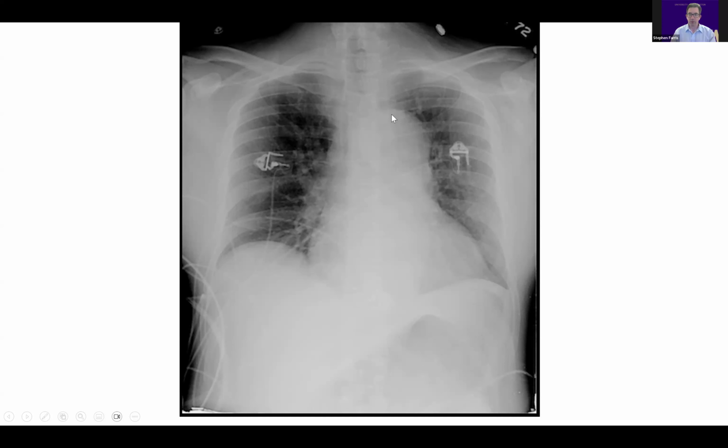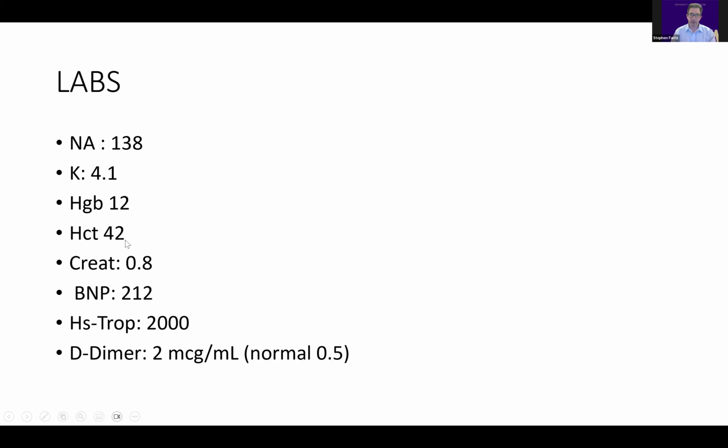And you have this pretty big aorta. And then you could see it going down here, right? Labs, you have an elevated natriuretic peptide, an elevated troponin, and an elevated D-dimer.